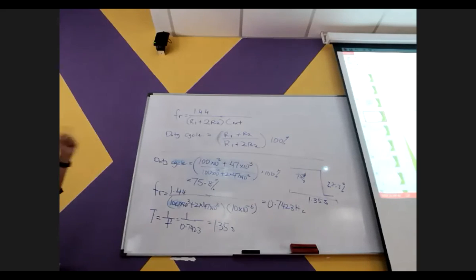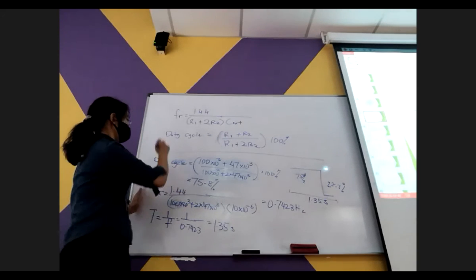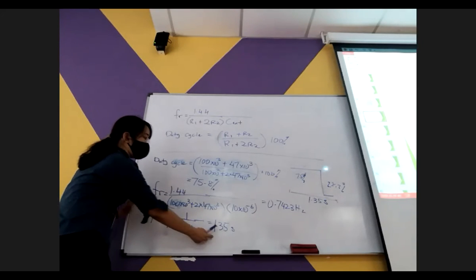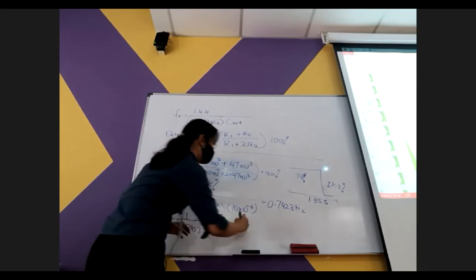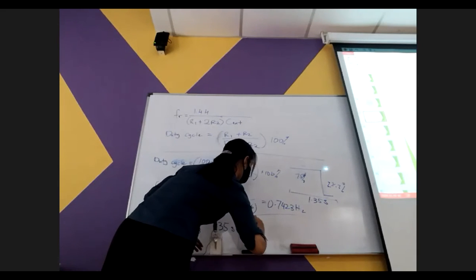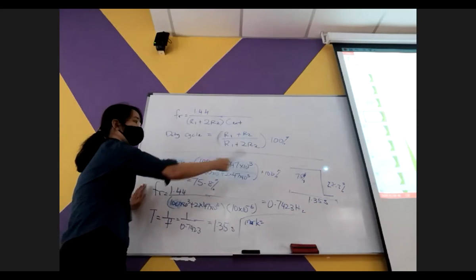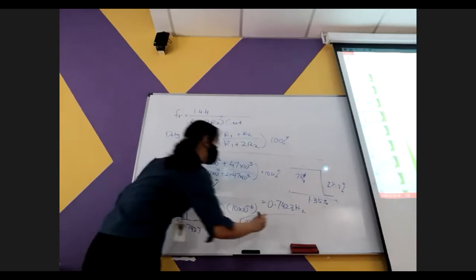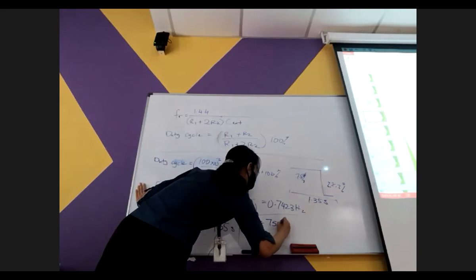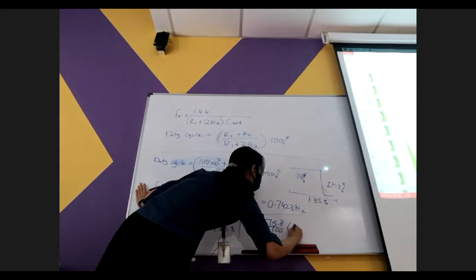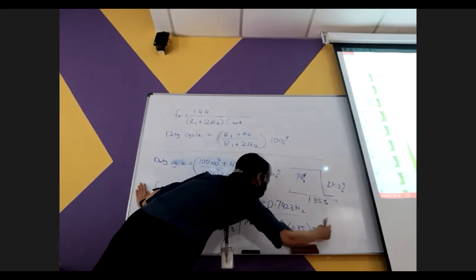Meaning the mark will be how many seconds? First you got the time period is 1.35 seconds. Therefore, you know that your mark equals 75.8% of 1.35 seconds.